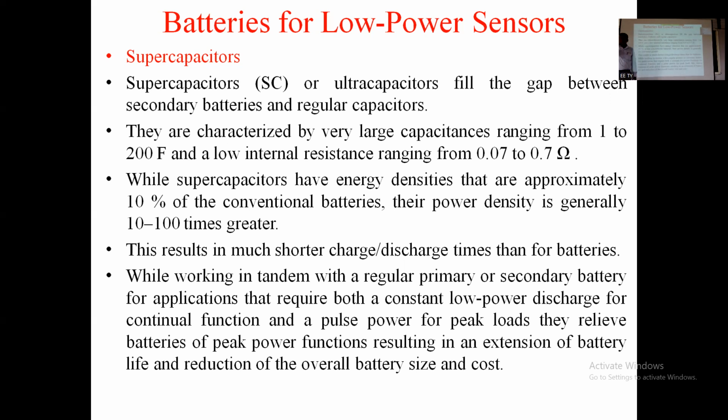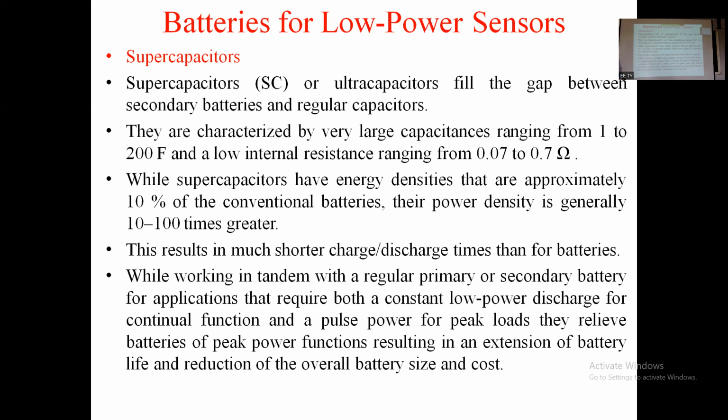Constant low power discharge is required, and the function is continuous. And pulse power for peak load. If the load is increased, in that situation of peak load, the supercapacitor relieves the batteries of peak power. At that situation, peak power is required.